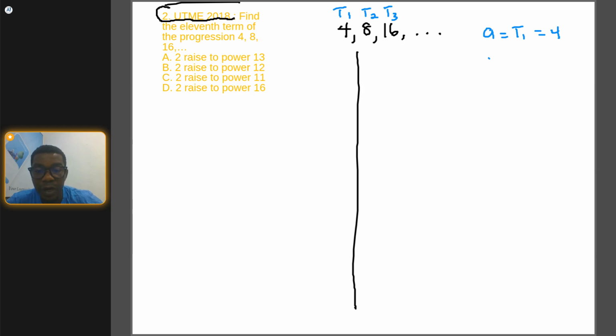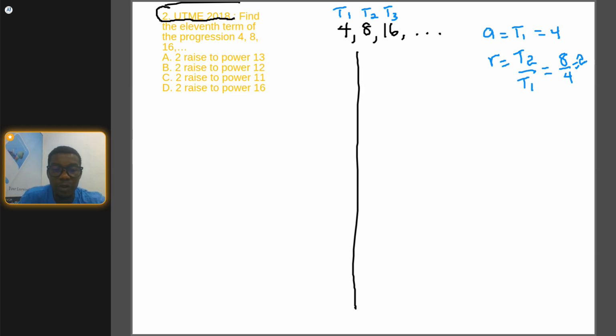What is now the value of R, the common ratio? That is T2 over T1, which is 8 over 4, equal to 2. So the common ratio for this sequence is 2.